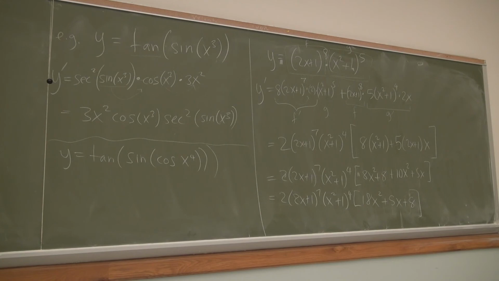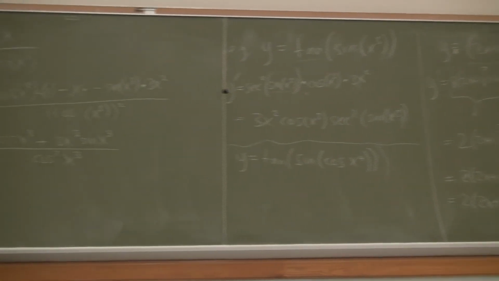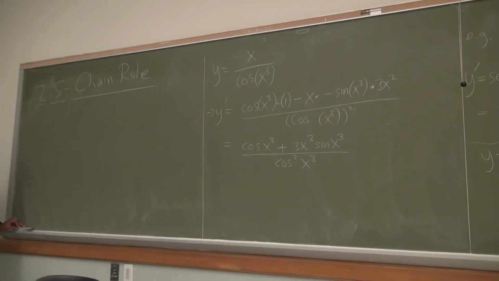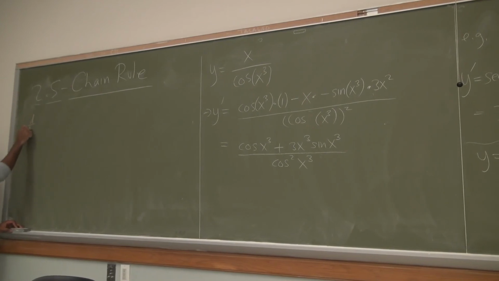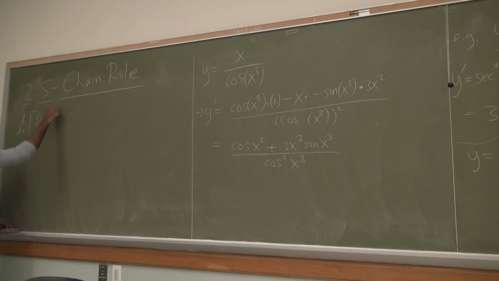Okay, anyone think they know how to prove the quotient rule from the product rule? Oh dear. Wait, prove the quotient from the product? Yes, using the chain rule. The product rule says, of course, f of x times g of x.